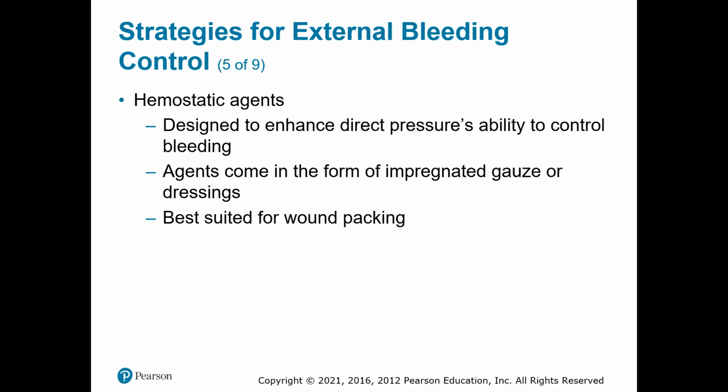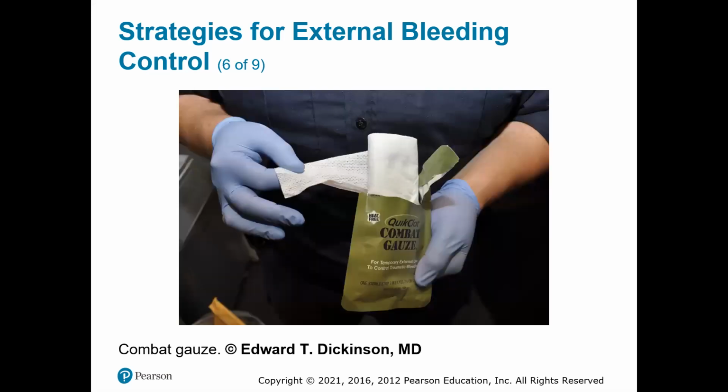These hemostatic agents usually come in the form called QuikClot. It's impregnated gauze, so the QuikClot powder is built into the gauze or dressing. Very, very helpful for wound packing. There it is.